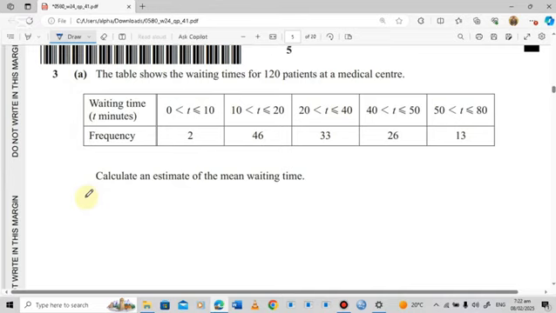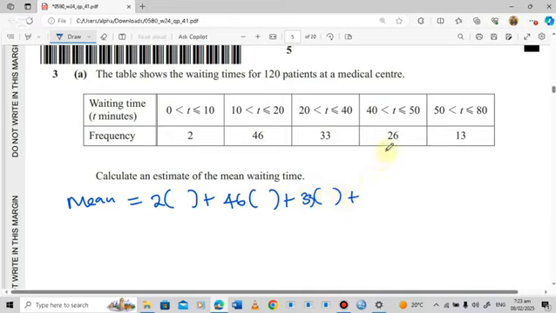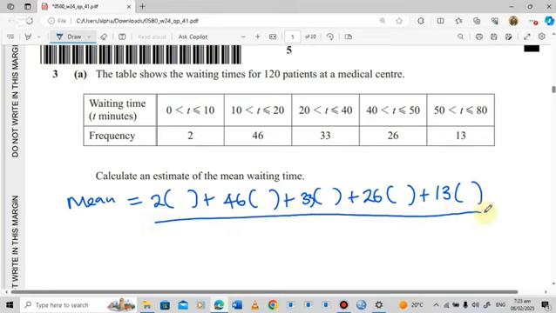So to calculate the mean waiting time, we are going to say mean is equal to, we are going to write the frequency 2 open and close brackets plus the second frequency 46 open and close plus 33 open and close plus 26 open and close plus 13 open and close. Then everything divided by the total frequency, which is 120.